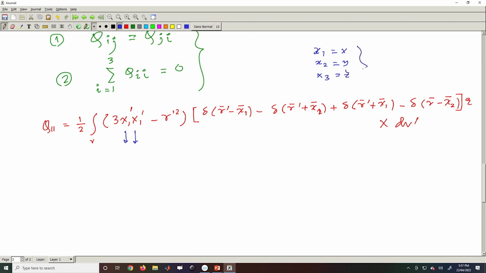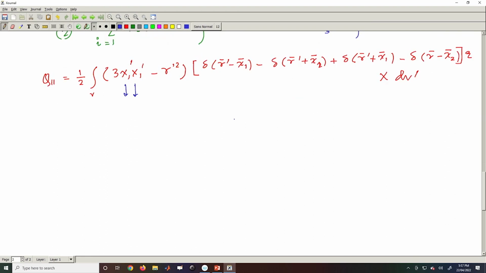So only the x component of chi 1, chi 2 will be put, and in place of r prime square I just put whatever we have in the argument, that is chi 1 mod square. Now I am dealing with the delta function, so let us take q by 2 outside, because q is constant, and then I execute the integral.